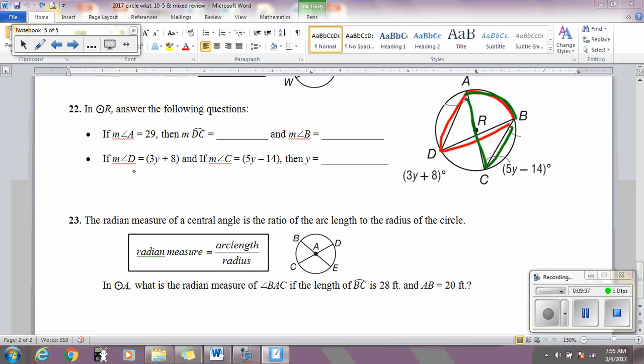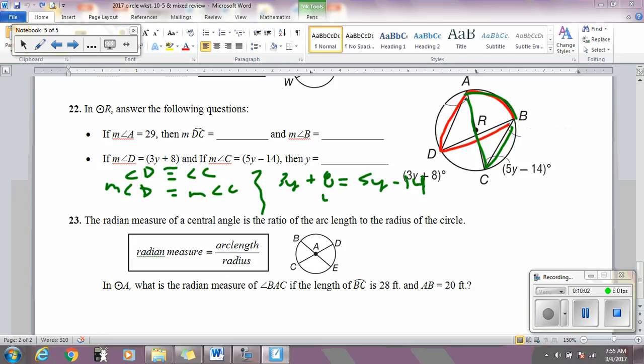So I could say that angle D is congruent to angle C, which means the measure of angle D is equal to the measure of angle C. So you equal them together. So that's 3y plus 8 equal to 5y minus 14, and solve for y. First, subtract 3y. So 8 is equal to 2y minus 14. Then add 14. So 22 is equal to 2y. Divide by 2. Y is equal to 11.